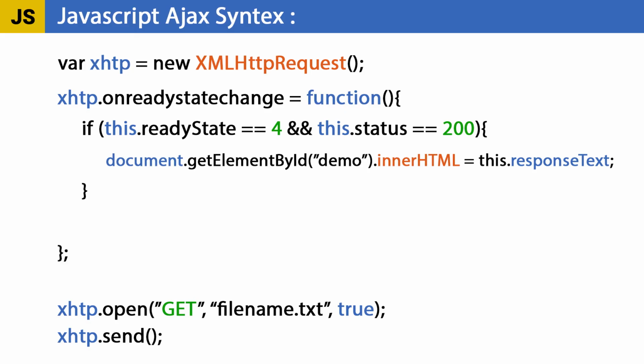Then using the send method, we send our request. With that, we always check our ready state status. If ready state is 4, it means we got our response from the server. And then we can show our response in our HTML file. So we don't need to refresh our whole page to get updated data. It refreshes only our particular HTML section, not the whole page.